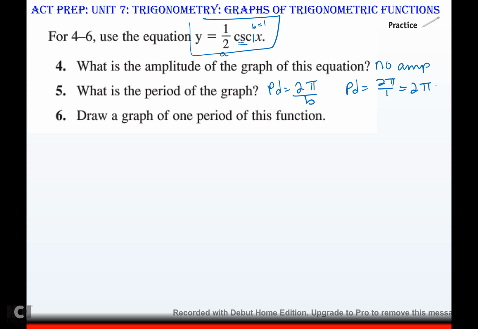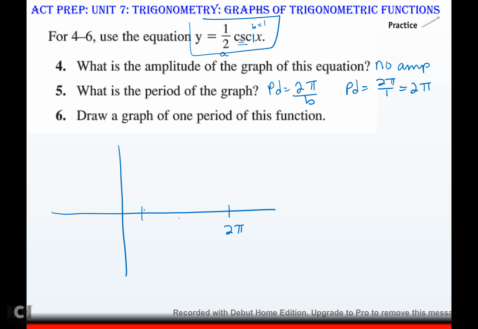Then it wants me to draw a graph of one period of this function. So what I do is I draw my little graph here. Okay, and then I know that if my period is going to be 2 pi, I'm going to go over here to 2 pi, and then what you do is you always cut this into fourths for sine and cosine, or cosecant and secant.